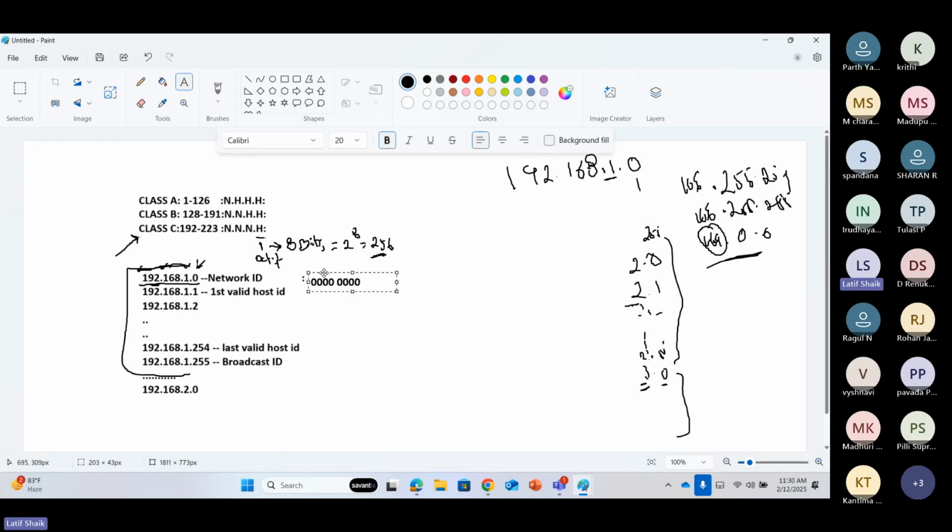The host part is all zeros. Meaning, for example, I took attendance with serial numbers 1, 2, 3, 4. If your serial number is 0, what is the meaning? There is no meaning, right? No one has serial number 0. A roll number 0 candidate won't be there.